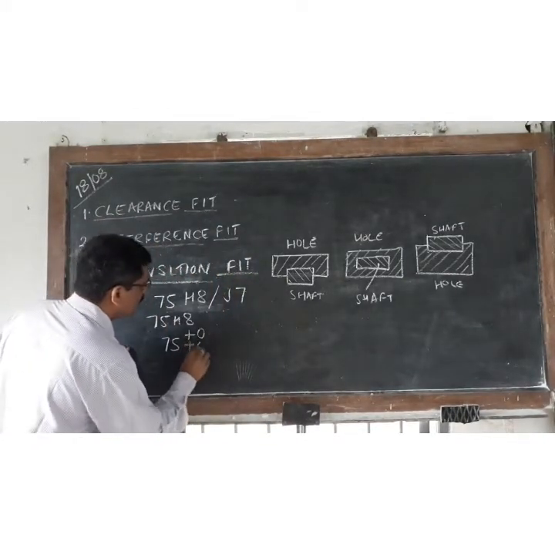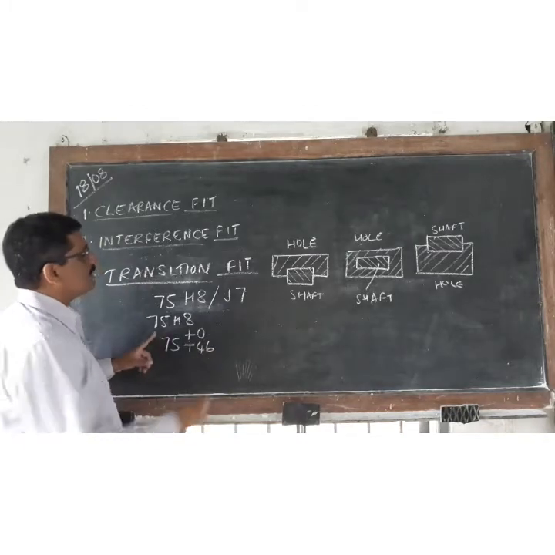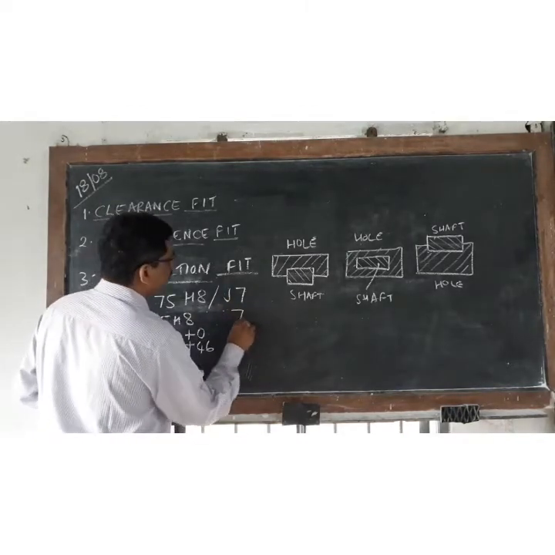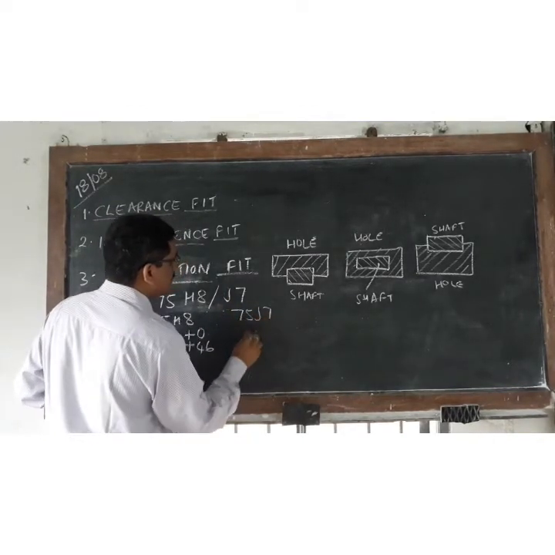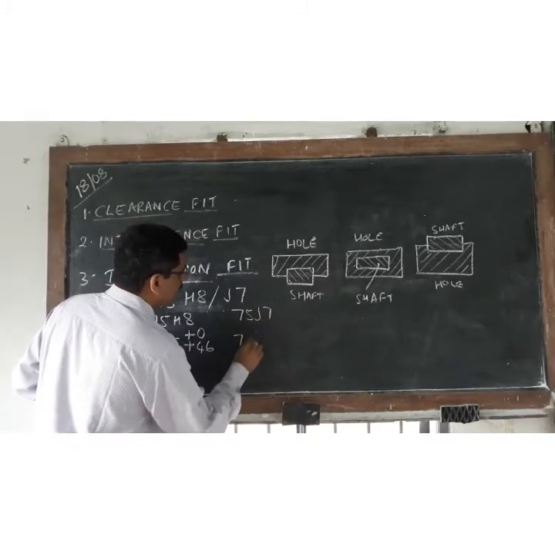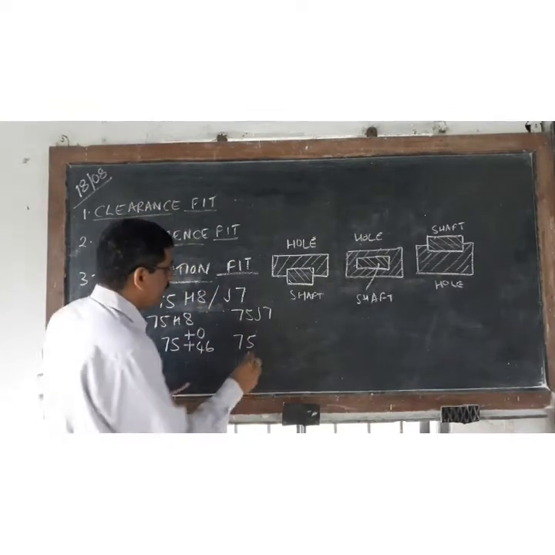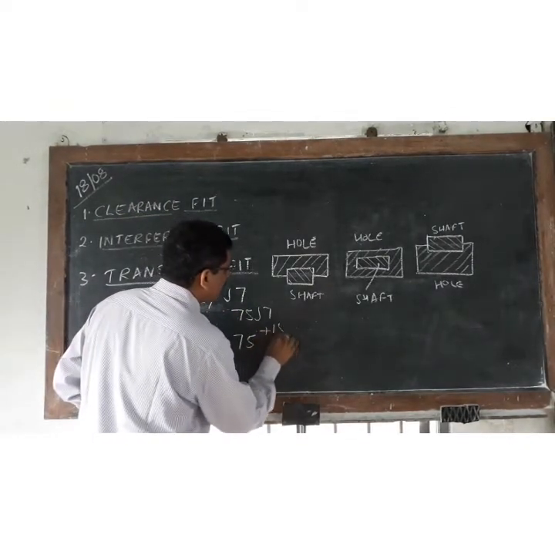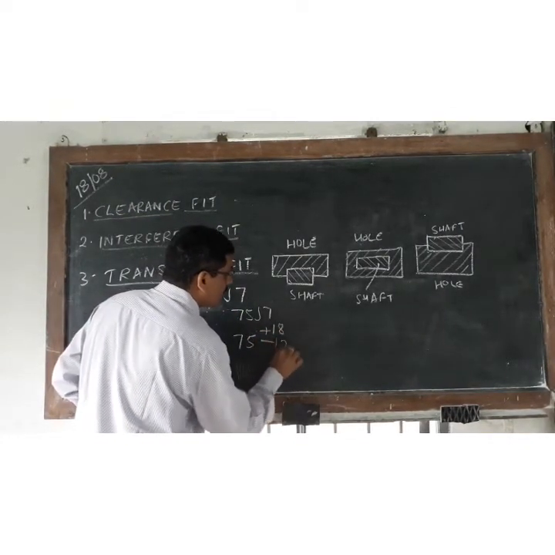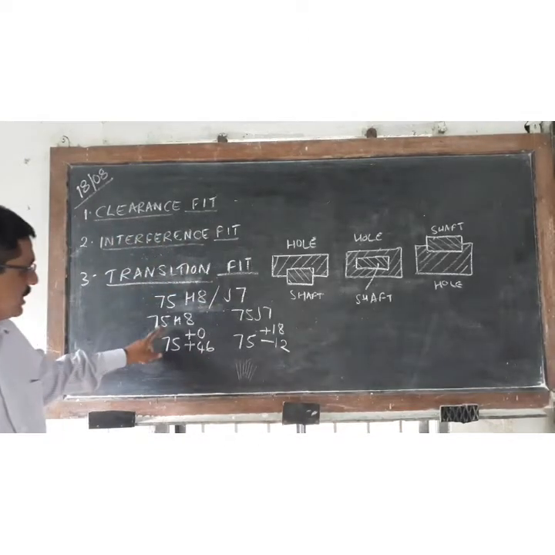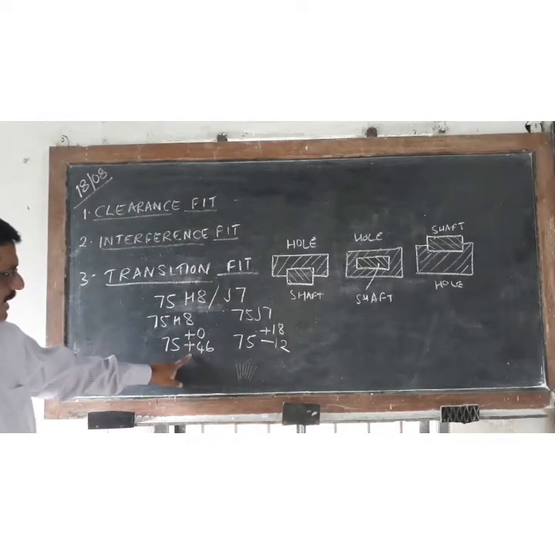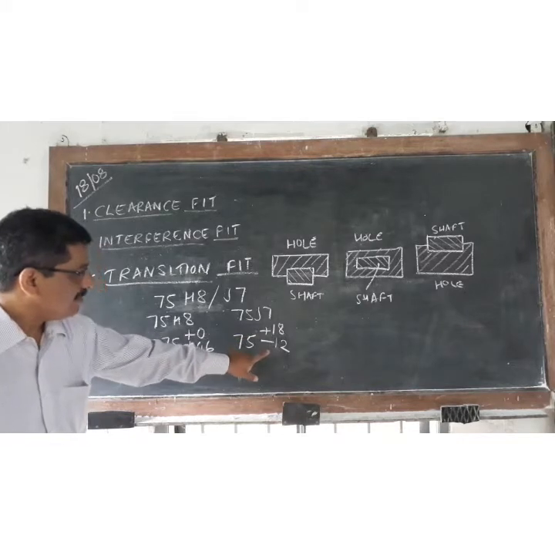Now J7, in the sense 75 J7, means 75. Here you see now plus 18 microns, minus 12 microns. Got it? See, 75 H8 means plus 0, plus 46. 75 J7 is plus 18, minus 12.